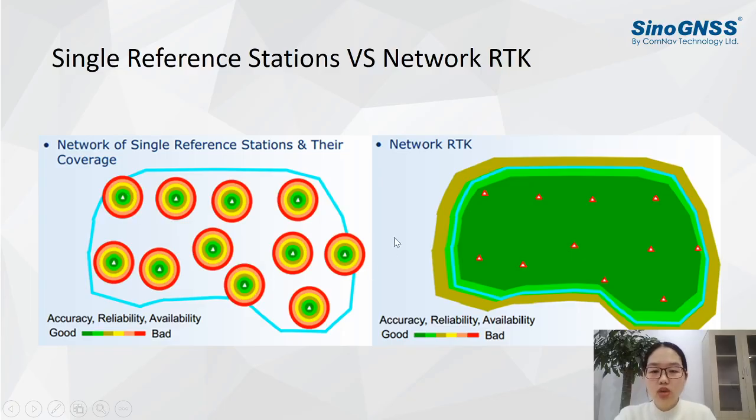And we can compare with the right picture, the network RTK. The network RTK can give a larger coverage and even better accuracy. We can see the green area. It gives good performance to the rover side.